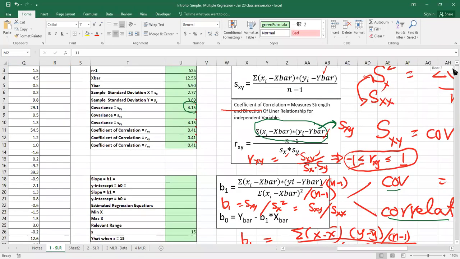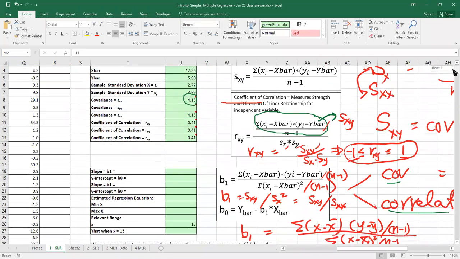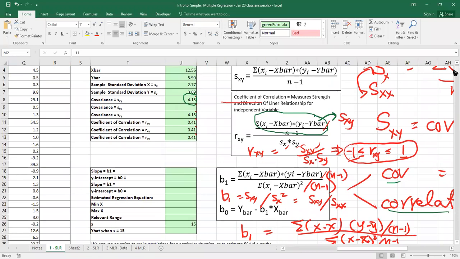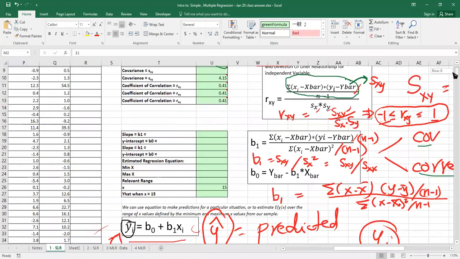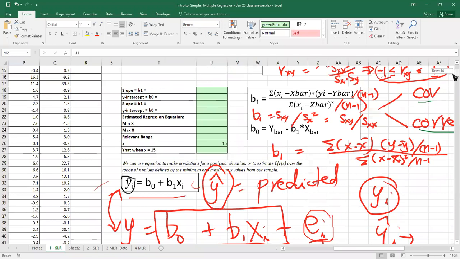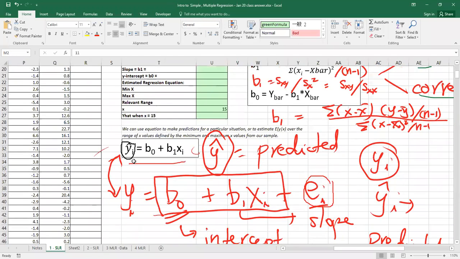Now we said that another way to establish a relationship is the use of regression. So si regression guys, gumagamit tayo ng isang regression line. Okay? It's a mathematical equation. So yung equation natin yan, ito. Y sub i hat, this is your dependent variable, is equal to a certain constant, this is your intercept, plus the slope times your independent variable.